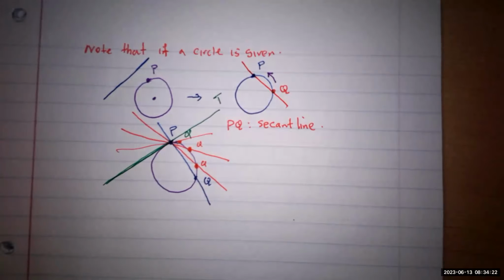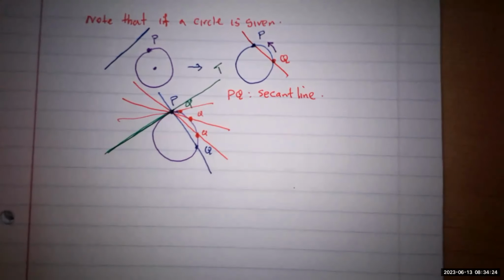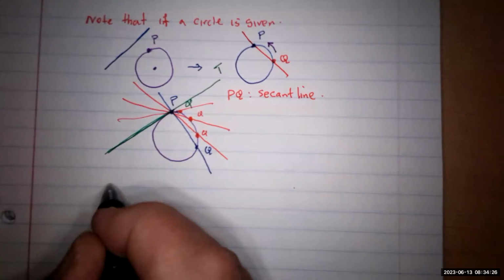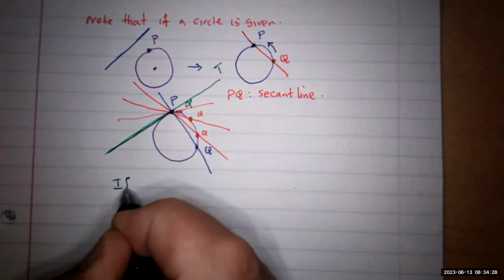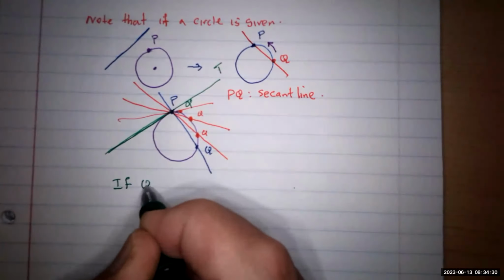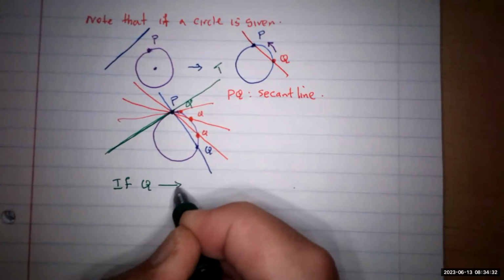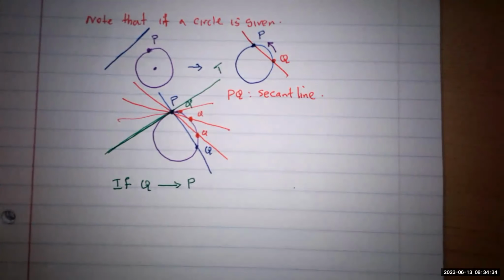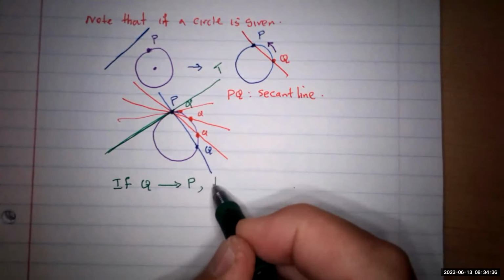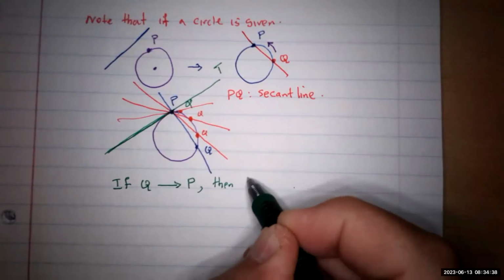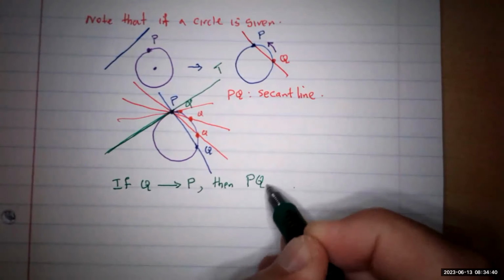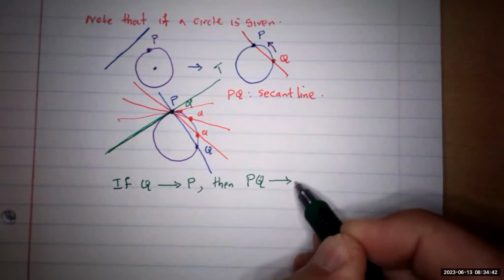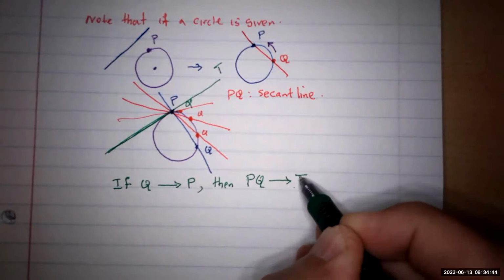This is the definition of the tangent line in a circle. So if the point Q approaches P, getting closer and closer to P, then this secant line becomes the tangent line.